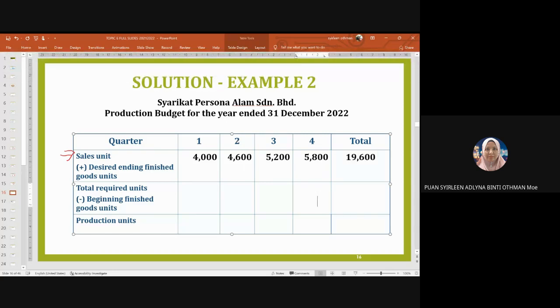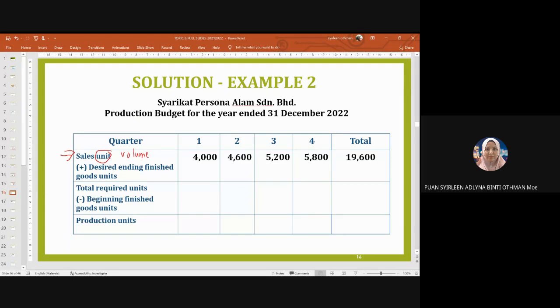Ini sales unit. Unit ni samalah dengan volume. Volume tu ialah quantity, jumlah. Dia bagi tahu tadi, the ending inventory policy must be 20% from next quarter punya sales volume.